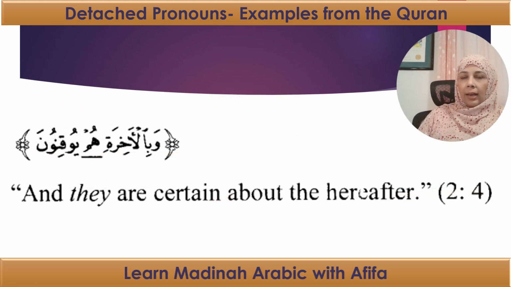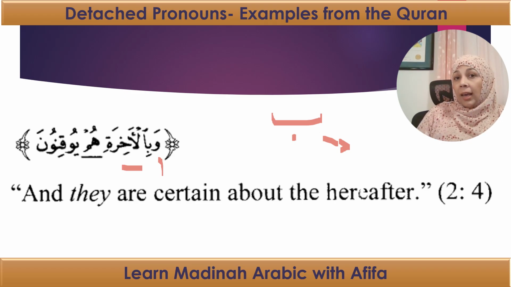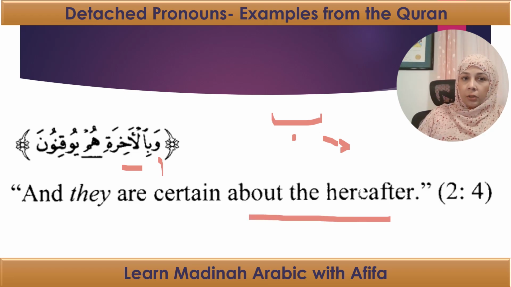Next verse, again I'm reading word to word. Wa and bil akhirati. We came across bi before also, and I said bi is a preposition that we will study in the future, but it could mean in, by, with. So the meaning will change a little bit based on the context. Here it means in. Wa bil akhirati means in the hereafter or about the hereafter.